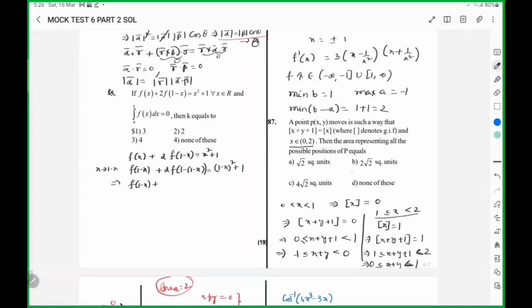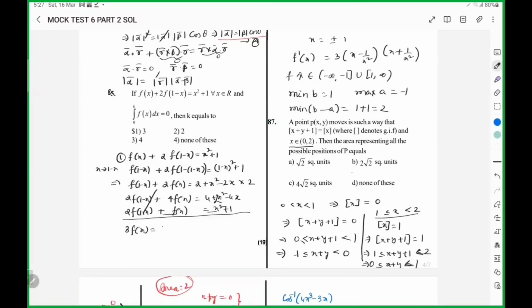Here 4 minus 6 plus 4x is 4 plus x square, 2x square minus 4x. Writing this equation 1, x square plus 3 of x square minus 4x plus 3. Integral 0 to 3.